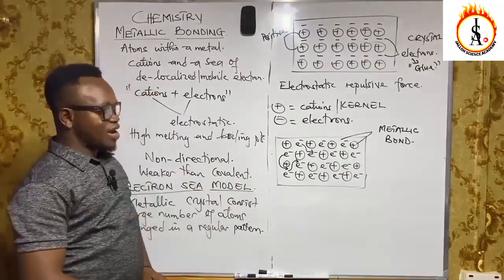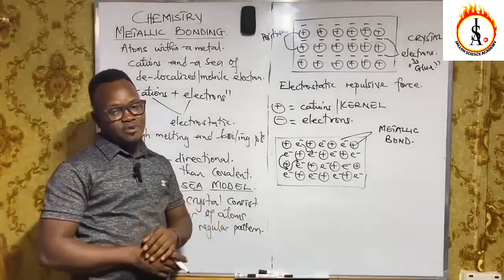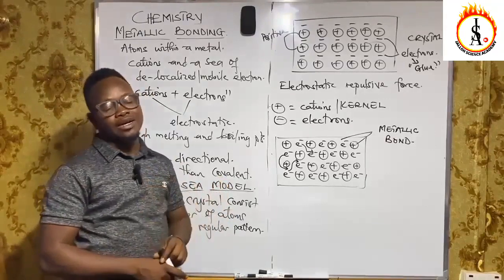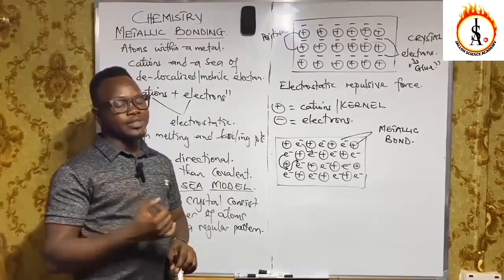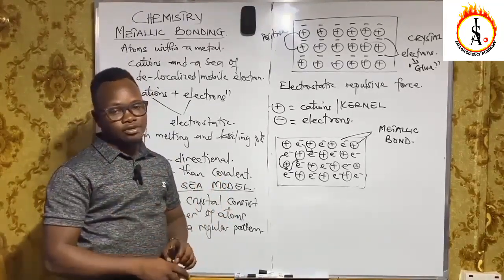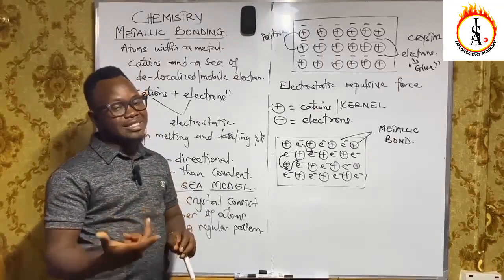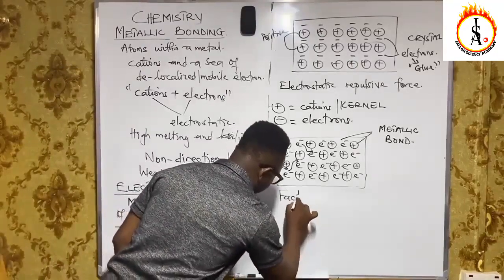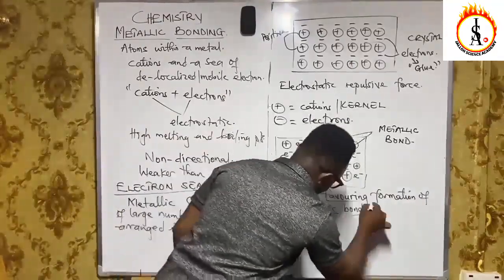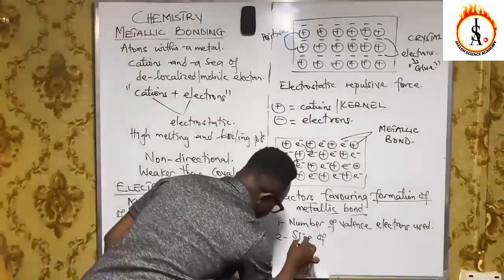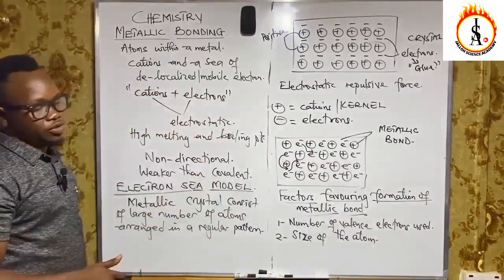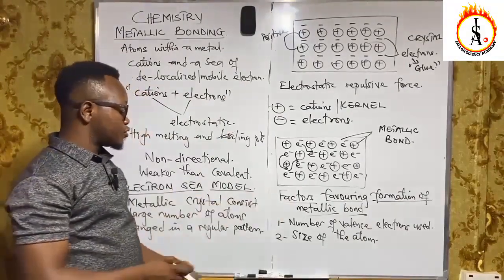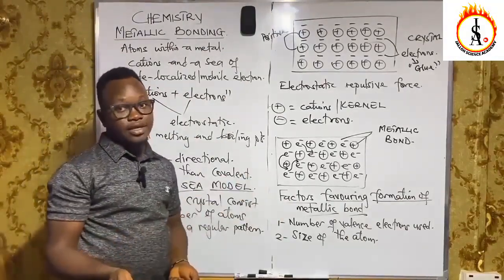Next, we have to look at the factors that favor metallic bond. Metallic bond is favored based on two factors. One, we deal with the number of valence electrons, and two, we deal with the size of the atom. Okay, so these are the two factors that favor the formation of metallic bonding: the number of valence electrons used and the size of the atoms.